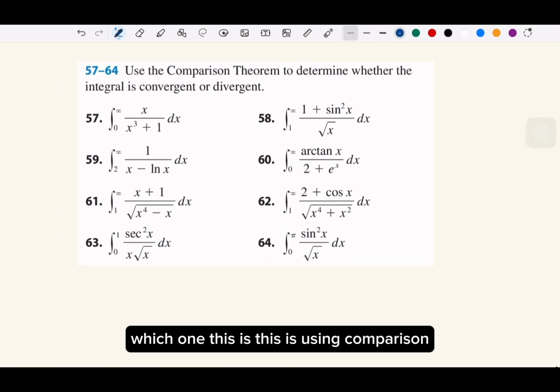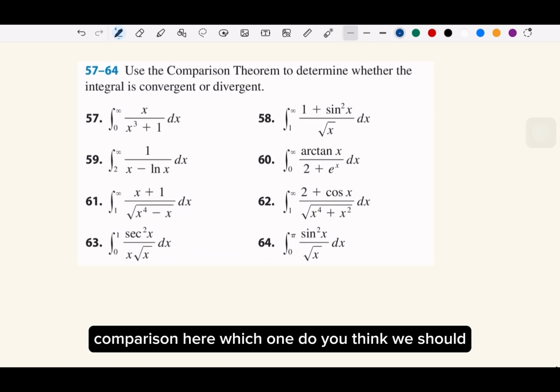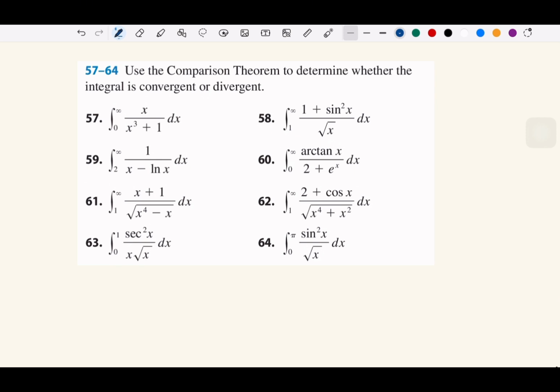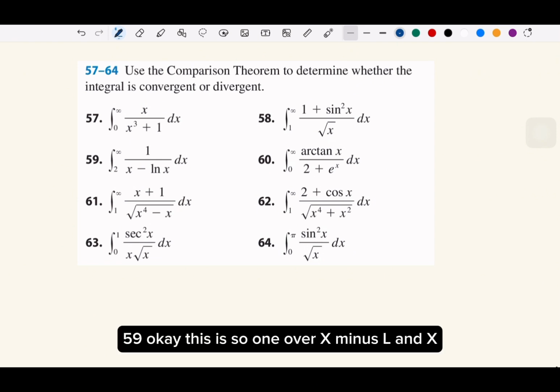Which one? This is using the comparison theorem. Which one do you think we should try? Which one? 59. Okay, this is quite good.